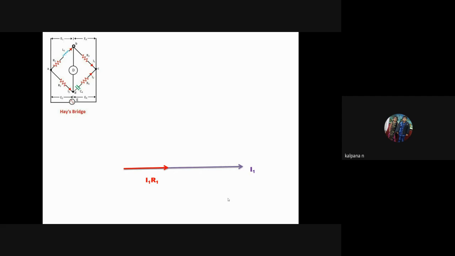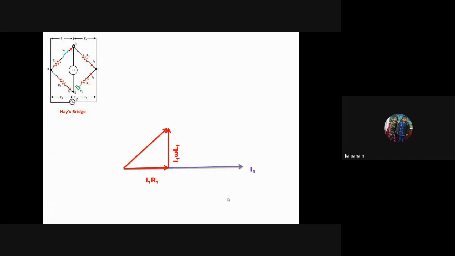Magnitude will be the same, but the angle differs by 90 degrees. So at 90 degrees I have drawn I1 omega L1, and now the resultant of I1 R1 plus I1 omega L1 is E1. I1 R1 is our voltage drop across R1, I1 omega L1 is our voltage drop across L1. Okay, so we got E1.